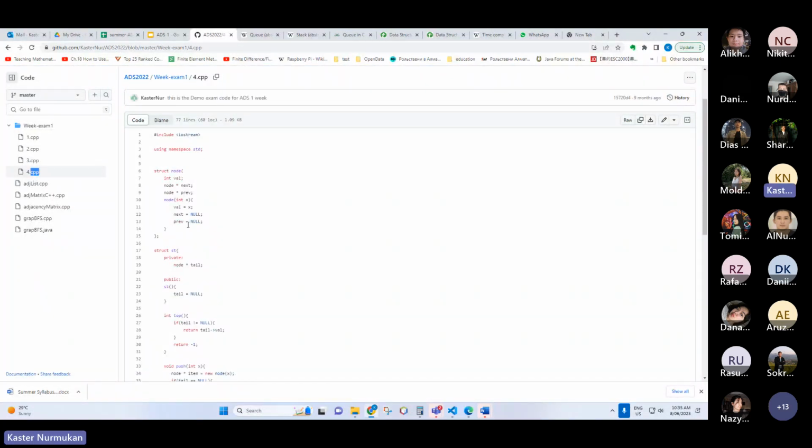This one is actually structure, but the first one, I think, is an array. Yeah, they're using the array. The first one is a static array.